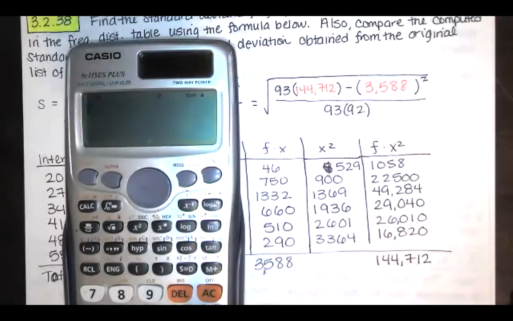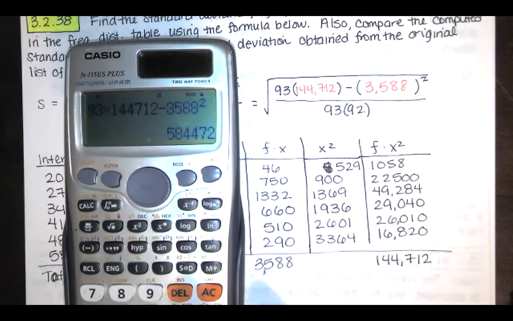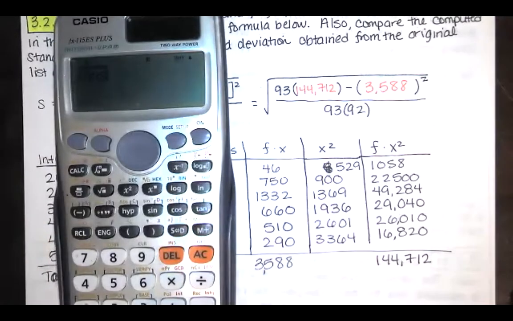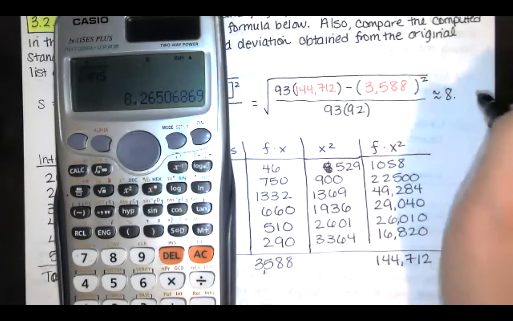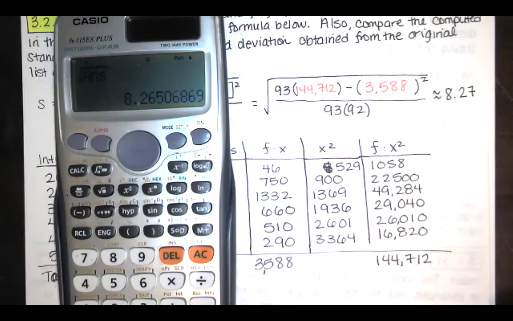Now I want to do the numerator first. 93 times 144,712 minus 3,588 squared. That's my numerator. Divide by, open parentheses, 93 times 92, close parentheses. And then I want the square root of the answer. So I press the square root button on my calculator, and then the answer button right there. The square root of the answer is approximately 8.265, so 8.27.